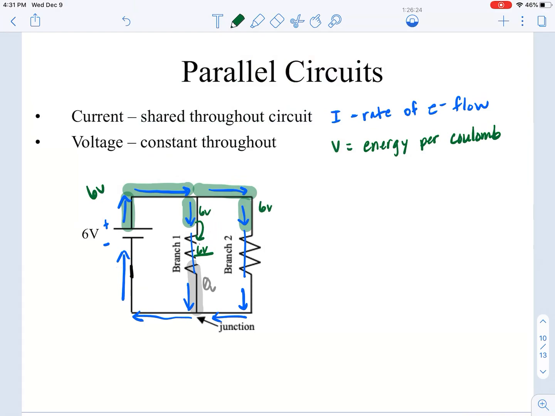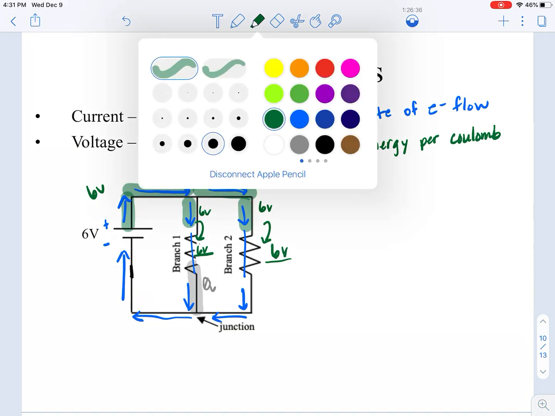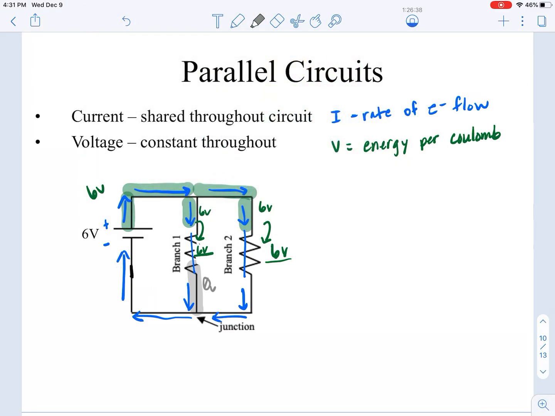So when these electrons encounter this resistor, it only has the one resistor to fuel, so all 6 volts are going to be dumped into that device. So these electrons are going to exit with 0 volts available.